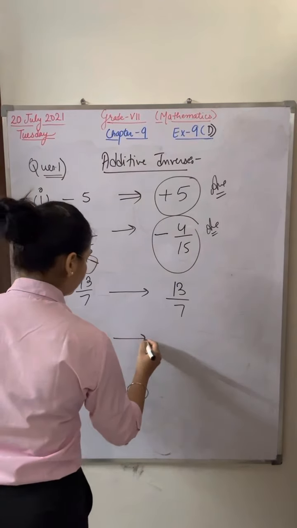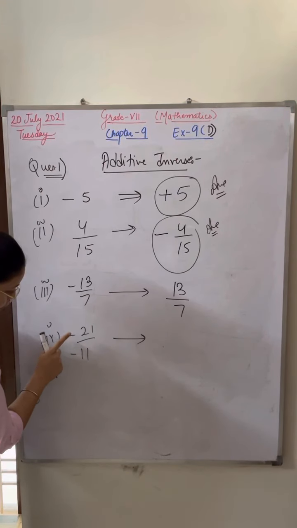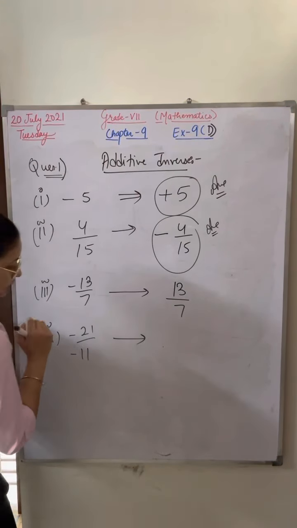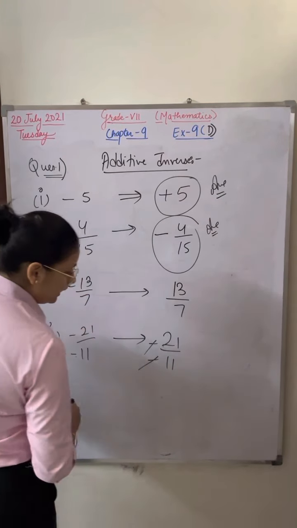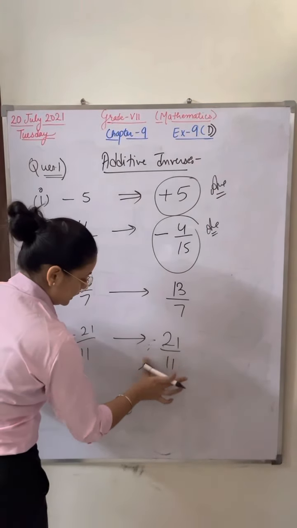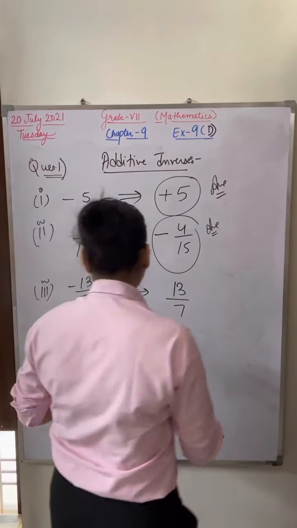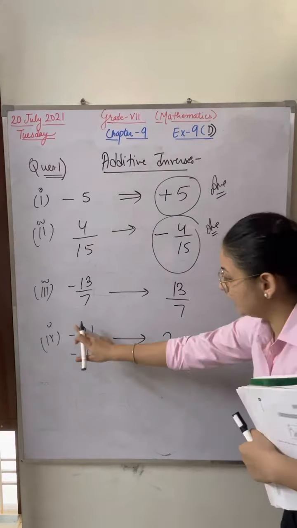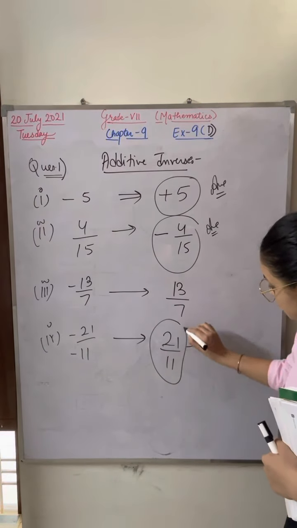Very good, Rashi. For this one, minus sign is given in the numerator and in the denominator. So first of all you have to cancel the sign. This will now become positive. So your question is given in the positive form because the negatives get cancelled. Now tell me the additive inverse of this.